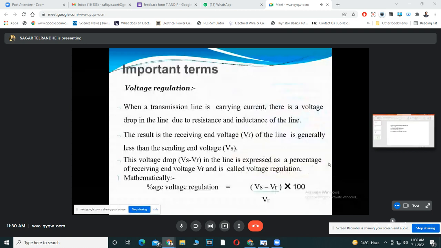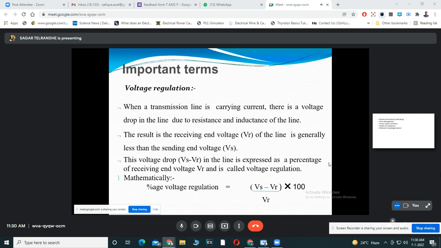Voltage regulation. Voltage regulation is one of the most important terms which we come across in Electrical Machine 1, Electrical Machine 2, Power System 1 and Power System 2. So now let us see what is meant by voltage regulation and by percentage voltage regulation.